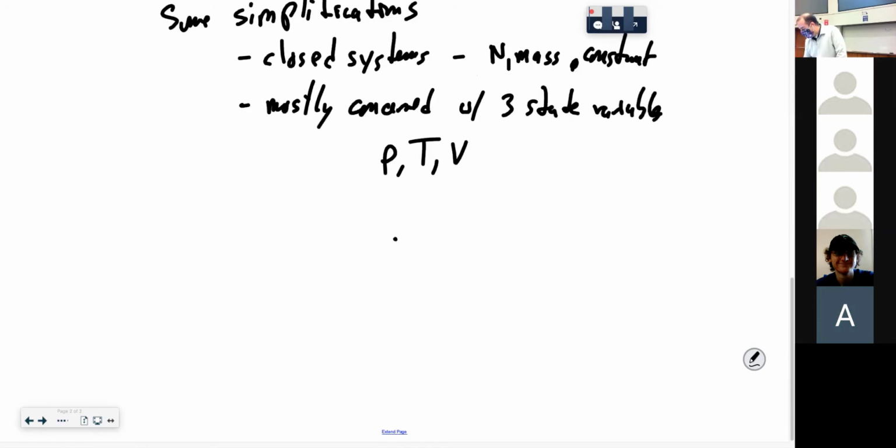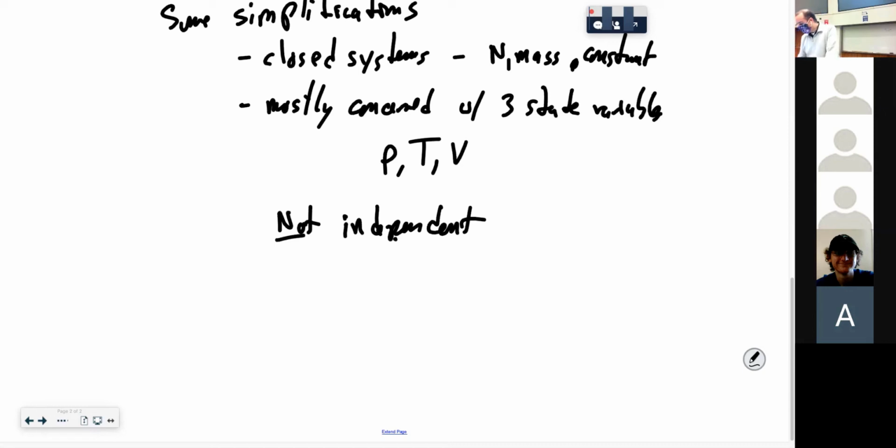These are not independent. In general, if you change the temperature, you cannot leave both the volume and the density constant. You have to change one of those two at least. Often you will have to change both of them. Also, if you specify two of these state variables, you will often get the third.